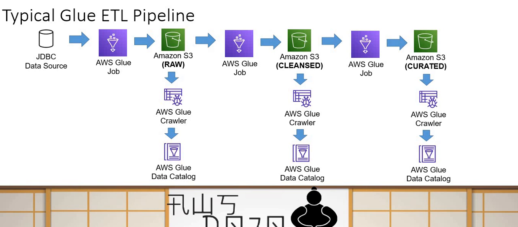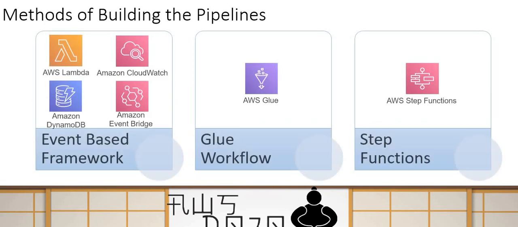It could be different depending on what your business requirement is, but that is typically how it will look. There are three ways you can build your ETL pipeline. Either you can create an event-based framework, or you can use a Glue workflow, or you can use Step Functions. I have already covered three sessions actually.